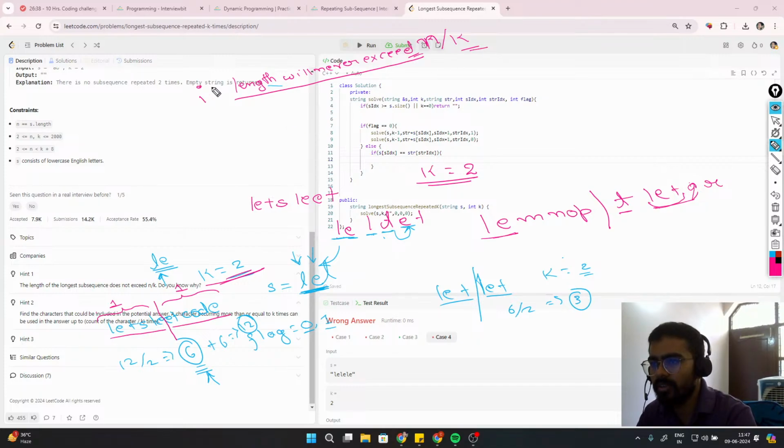That is one insight. Now the second insight is the character, the only character that can be taken as a potential answer is who is repeated k times or even more than k times.